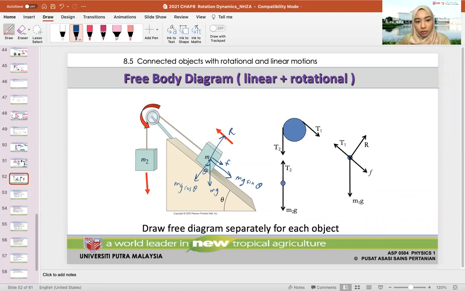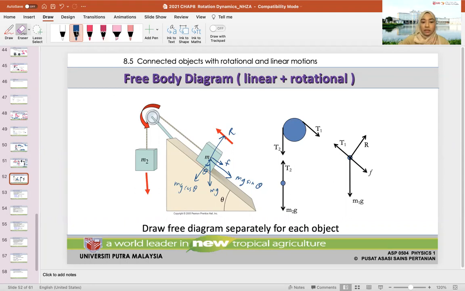Therefore, this guy has to go anti-clockwise, and then this guy has to go downwards. So friction always opposes motion. It doesn't matter if your mg sine theta is here, you put it there. You still put it there even though it looks weird. So friction, mg sine theta, you have your mg here or your weight, the same thing. And then you have your mg cosine theta.